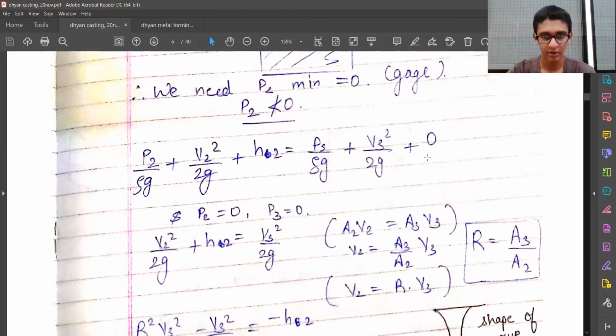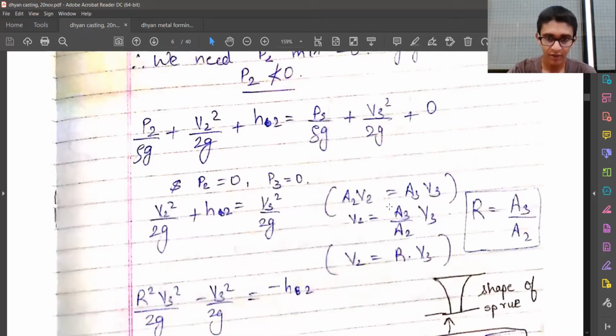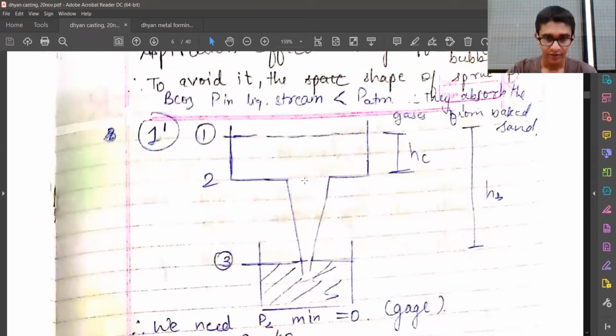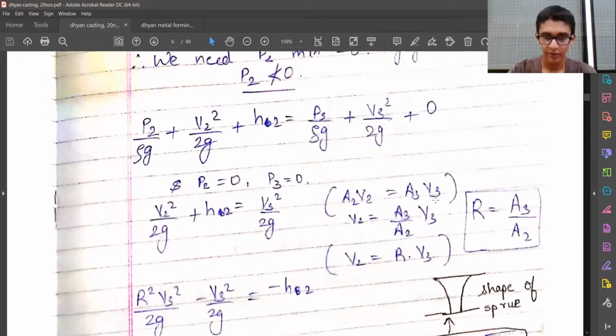The H3 term is obviously 0 because the reference height is taken from 3. Now, obviously, the metal which is poured from here is going to exit from here. So mass continuity is there, and hence V2 A2 is equal to V3 A3. That should occur because the density is not changing.